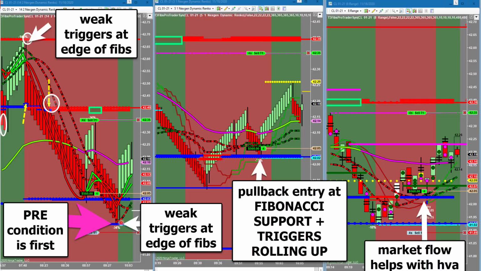And then the triggers got weak, and we were right at the edge of fibs, which is like our best spot ever for either do or die. Unfortunately, there wasn't a great market flow signal from the low. So we were kind of forced to wait until the triggers rolled over, right, on the 5-1 chart and the market flow chart.